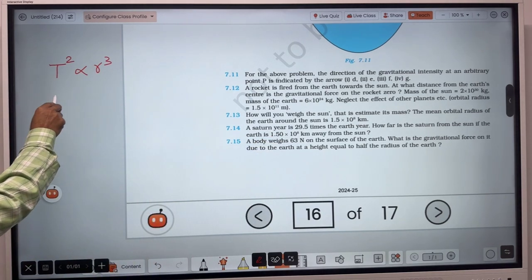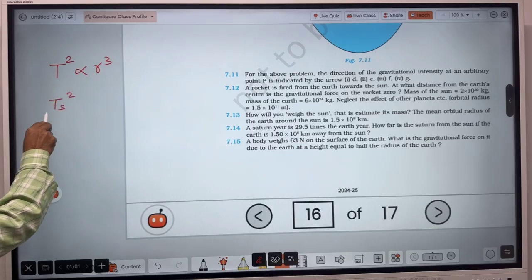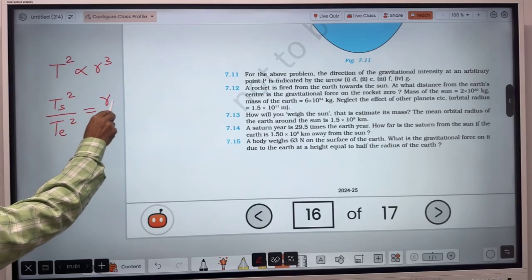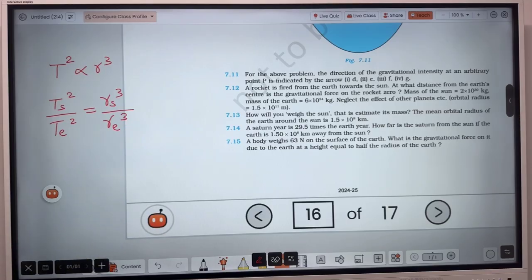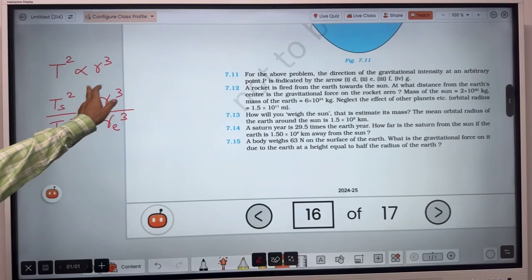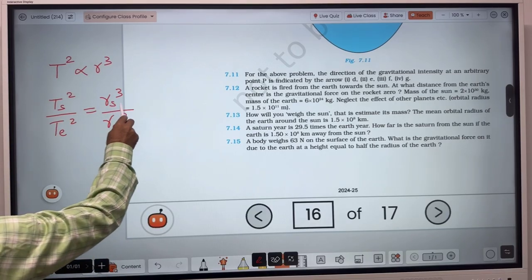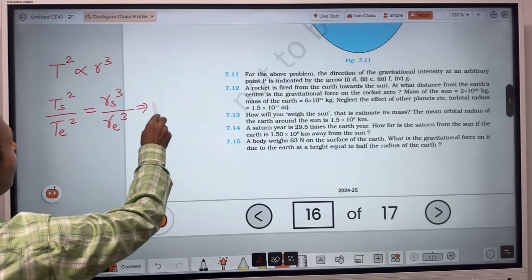Okay. So T Saturn square divided by T Earth square equal to R Saturn cube divided by R Earth cube. Right. And we have to find out this. How far is the Saturn from the Sun? So RS is to be found. So do one thing, take RS, keep RS here and then you can shift it.